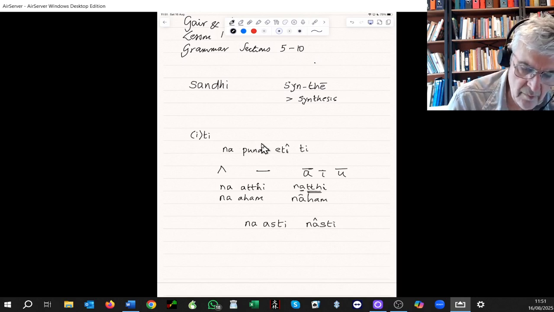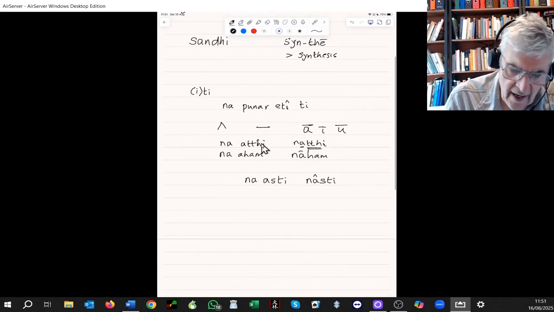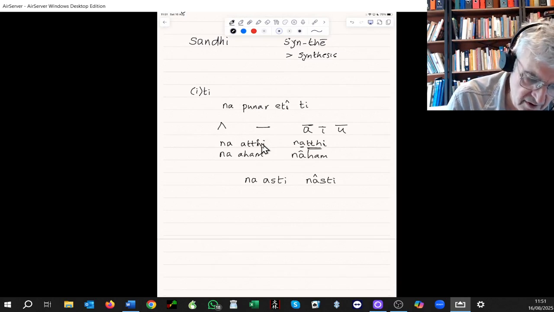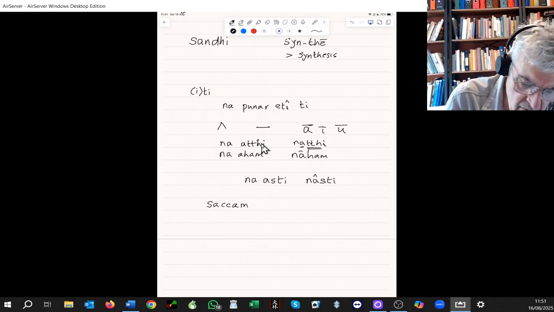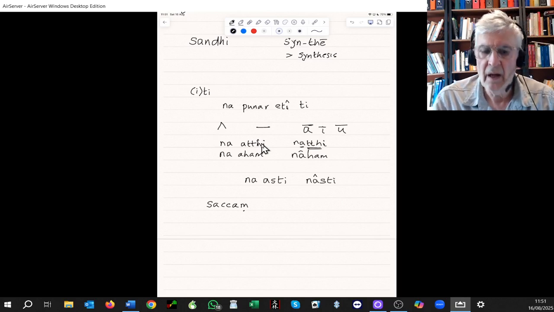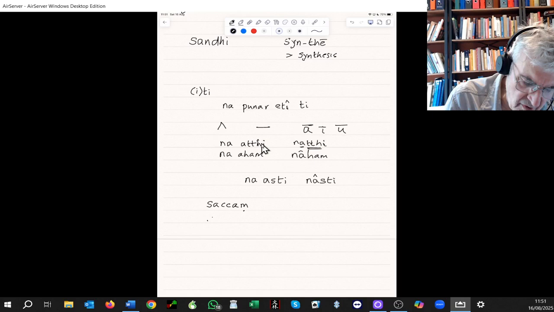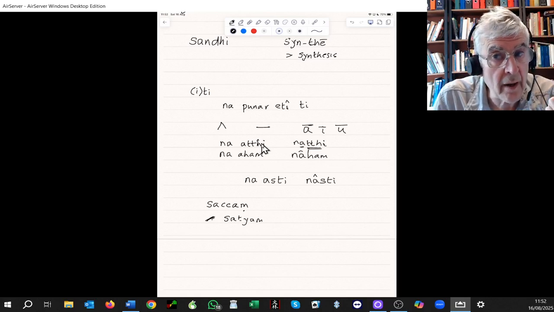So let's look at the example given here. And the truth, satyancha. So on its own, it's a neuter noun. In Pali, it is satyaṃ; in Sanskrit, it is satyam, pure M sound.